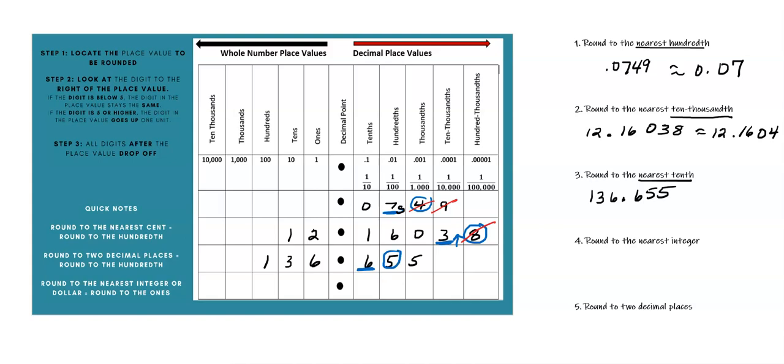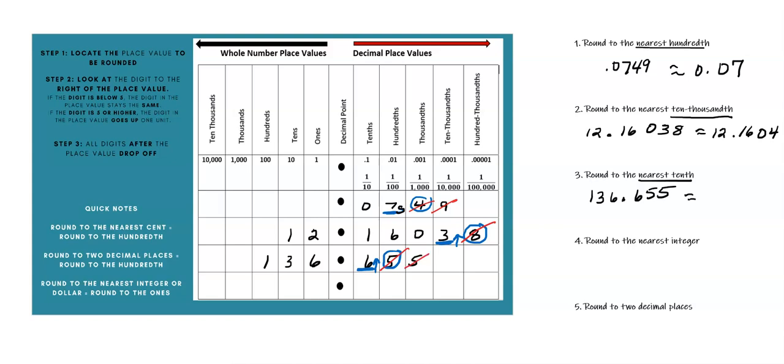Look to the digit to the right. The digit to the right is a 5. So that means in step number 2, if the digit is 5 or higher, we must round our place value up 1 unit. So the 6 must be rounded up to a 7. All of the digits after the tenths will drop off.